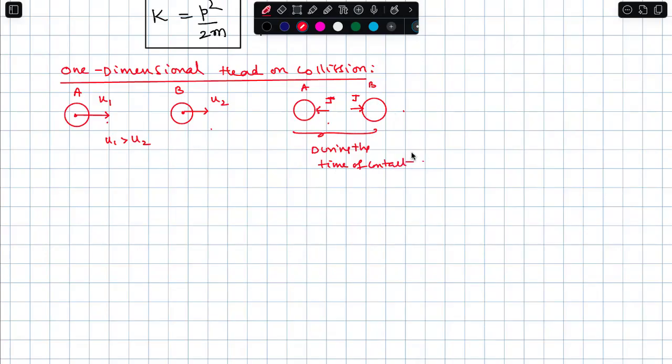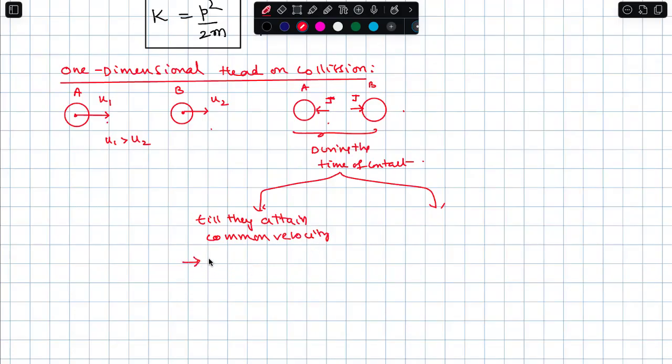Remember, there are two stages involved during the time of contact. Now, till they attain common velocity, A's speed keeps reducing from u1, B's speed keeps increasing from u2. Somewhere you will see that they will attain common velocity.